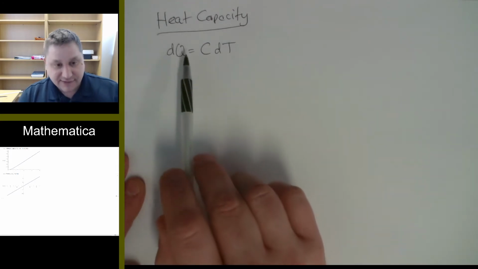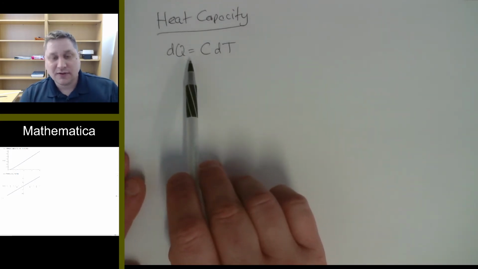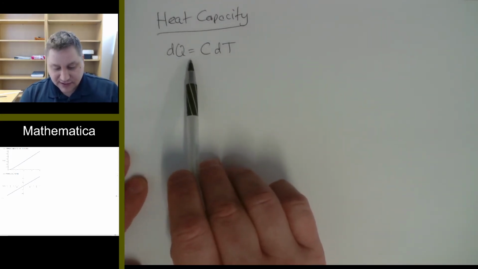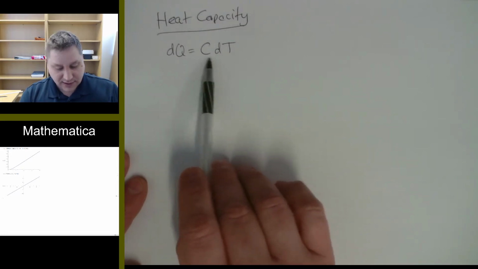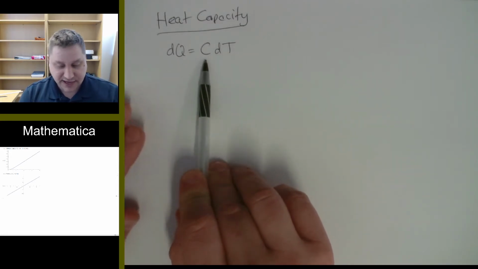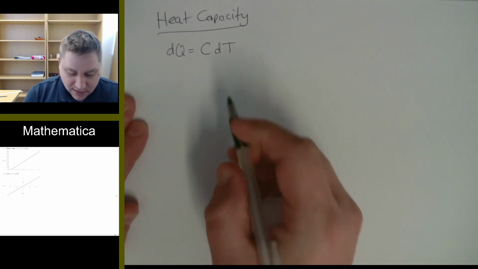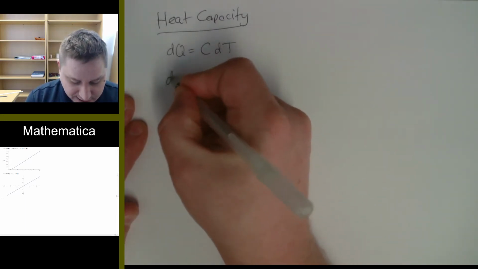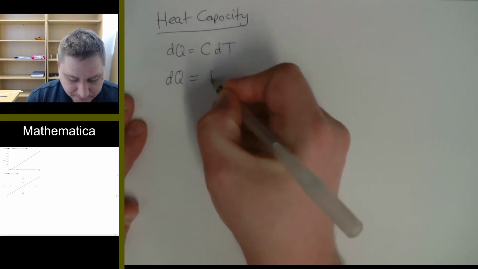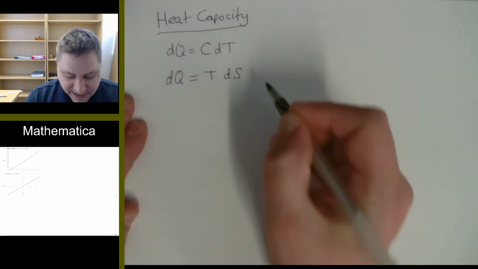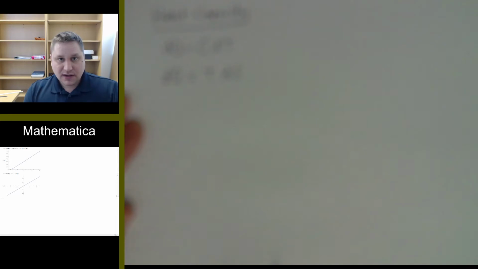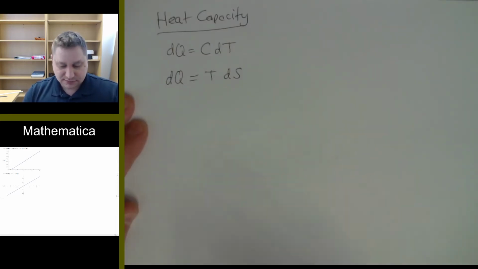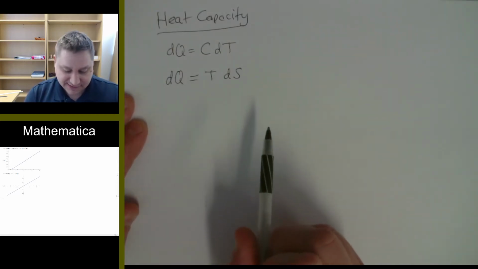And we know that this isn't valid for an isothermal or an adiabatic situation, but it is valid for situations of constant pressure and constant volume. So we can relate this heat now to entropy flow into the object by our relationship from last class.